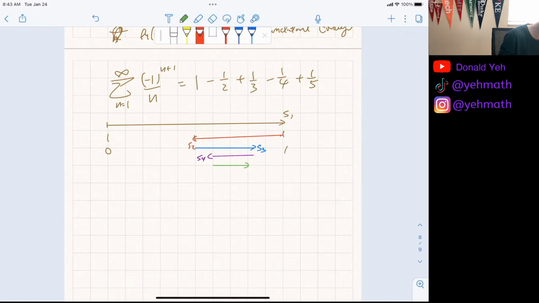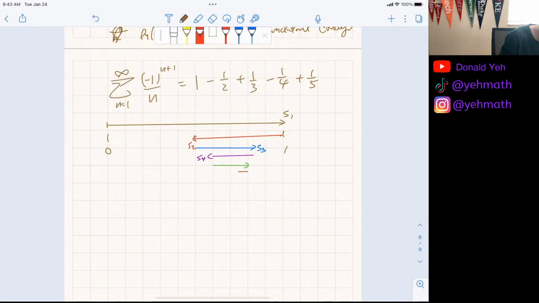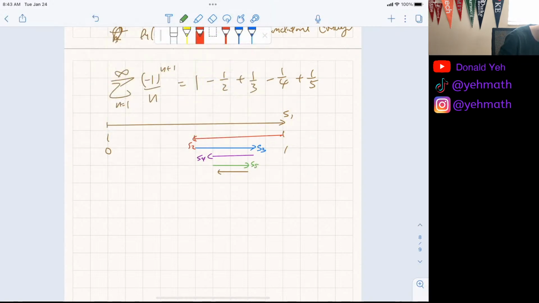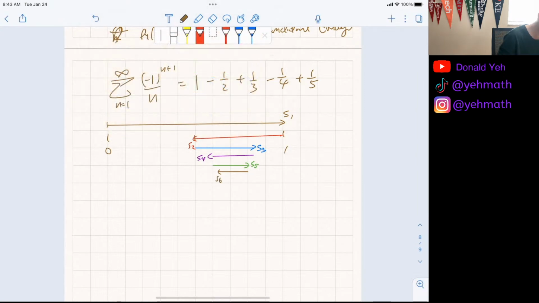The next one is 1/6, about 0.16, so this is S5, and this is S6.